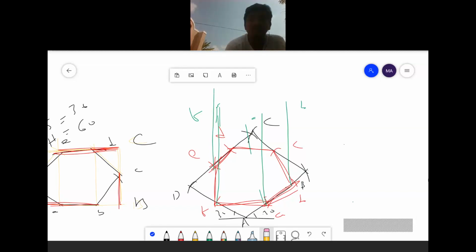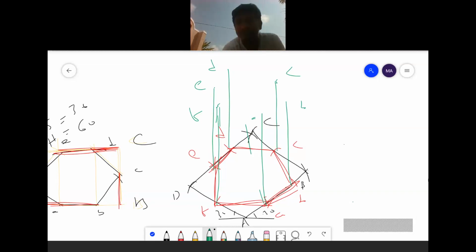Point D, I am extending 60 mm. I will get a point D. Then point C, I am extending 60 mm. Get a point C. Then I am joining A, B, C, D, E, F. Understand?